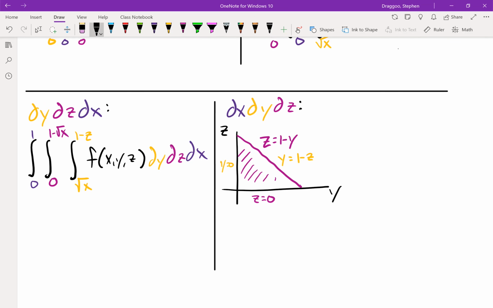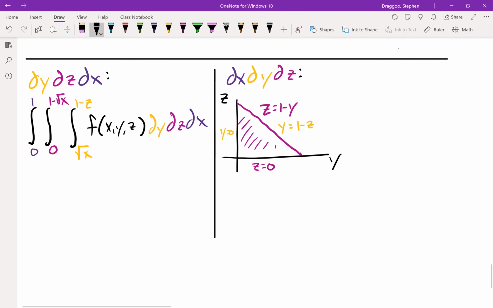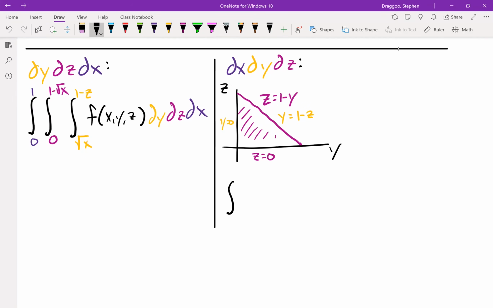So for this triple integral, we'll have these three iterated integrals, because that's what we're doing here. Z we know is going from 0 to 1. Y should be going from 0 to 1 minus z.